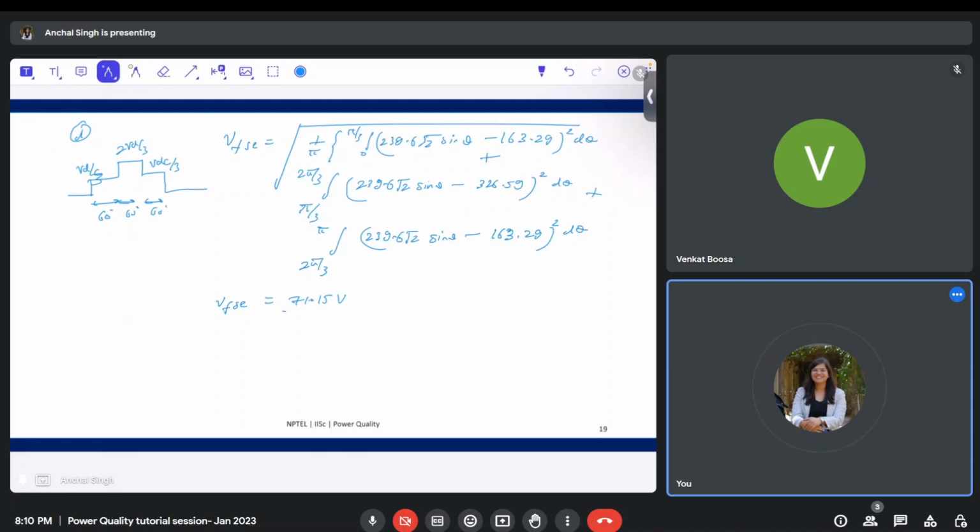71.15 volts, and we know that the series current will be equal to the supply current after compensation. We had just calculated the supply current after compensation and it came out to be 51.391 amperes.